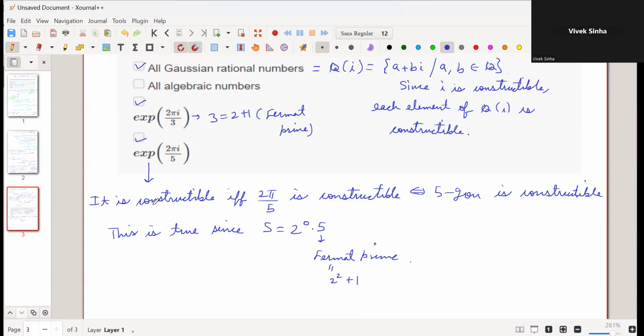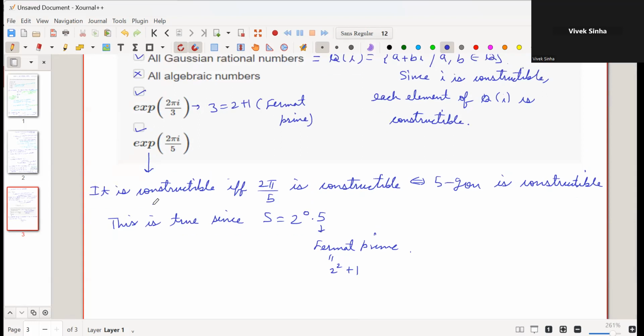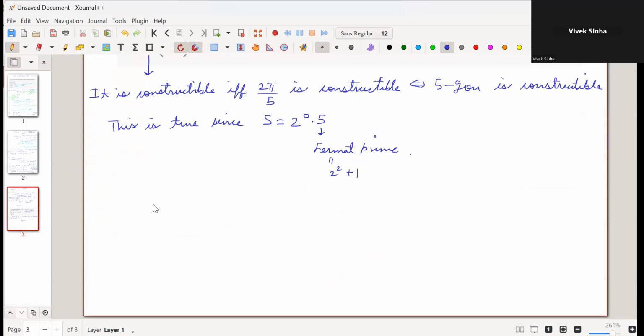Now, what about algebraic numbers? Algebraic numbers are not constructible. Why? Because you can see the example. Algebraic number is a number that satisfies a polynomial over Q. In fact, you can say ξ3 is an algebraic number.